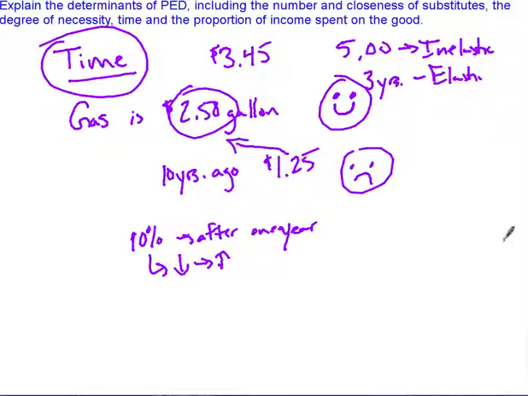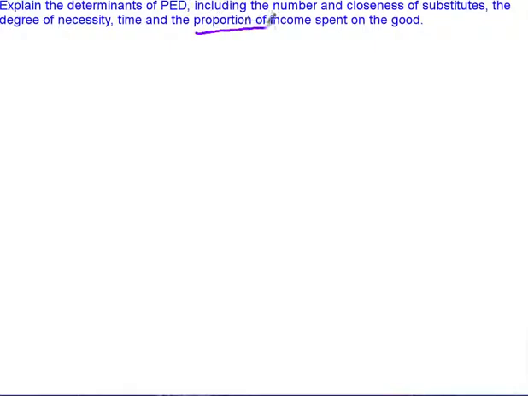All right. The last one that we're going to look at is the proportion of income that's spent on a good. A couple quick examples should illustrate this point. I was grocery shopping this weekend and I had to buy a thing of salt, and I think it was something like 75 cents.